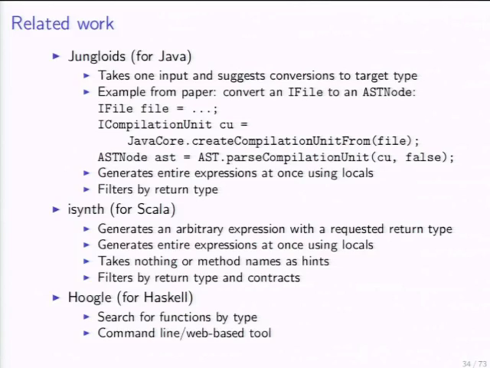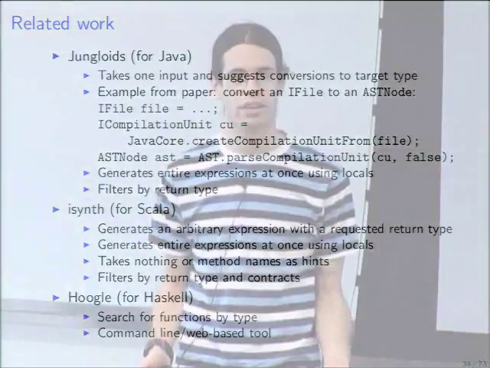So there has been some prior work in doing type-based searches of code. The first one is Jungloids, which is a system for Java that's based on the concept of doing conversions from one type to another. The example is in the Eclipse IDE. They have an IFile, which is just a normal file reference to a Java file, and they want to get a syntax tree of the parsed Java file, which is represented as an AST node.